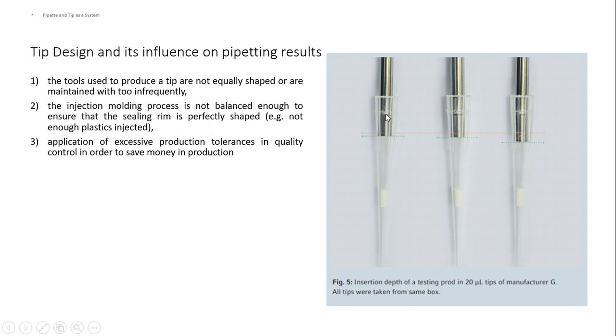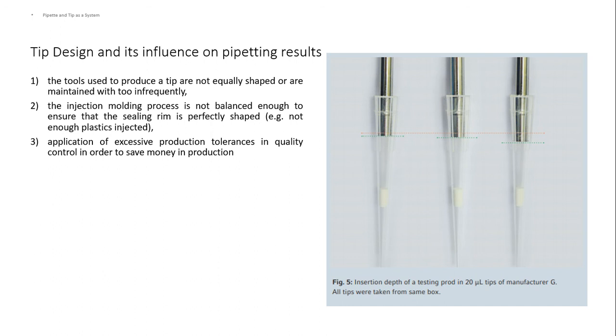The sealing rim is responsible for the pipette tip being airtight. If you have an airtight fit, there is no tendency for a drip on the pipette tip. If you do not have good airtight quality, then air will pass through and it will not hold the liquid inside the pipette tip.